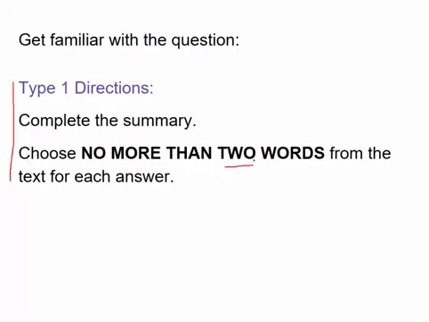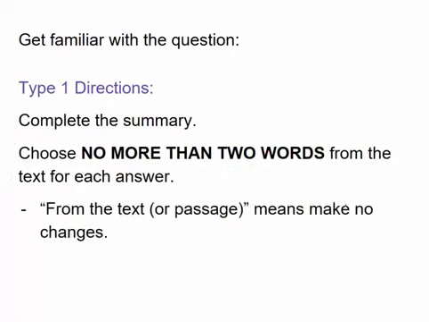This is a short answer question type. And as always, with this type, it will tell you if you need to take the words directly from the passage. Usually that's the case, and that means you don't make any changes to the words. You take them directly from the reading passage that you're reading to answer the questions.